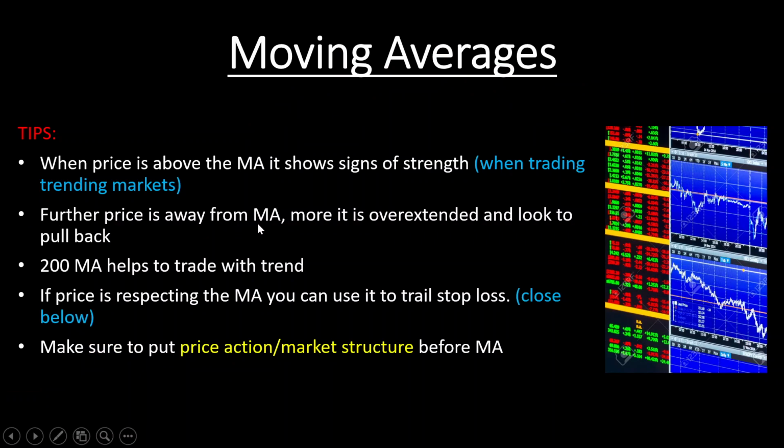The further price is away from the moving average, the more it is overextended and you should look for a pullback. Now, the moving average, I think, is sometimes a really good indicator to show whether a price is overextended or not.